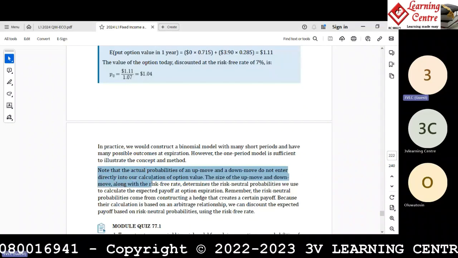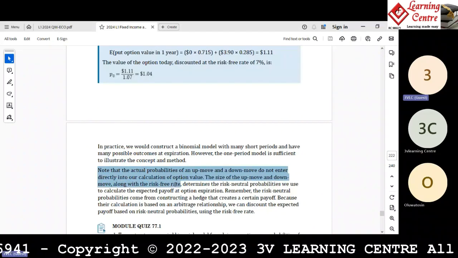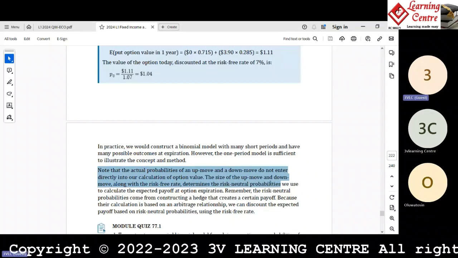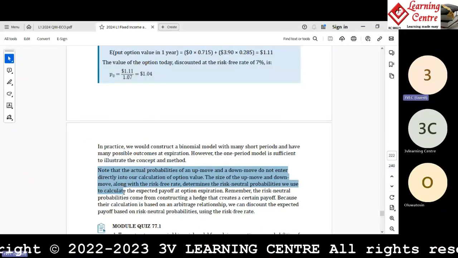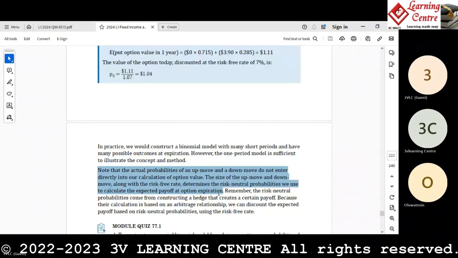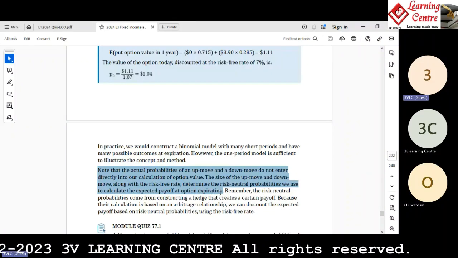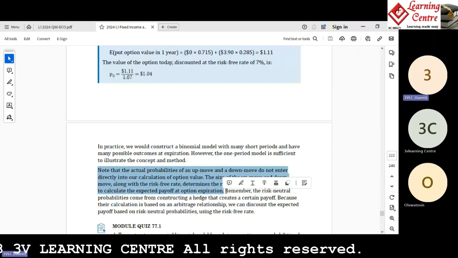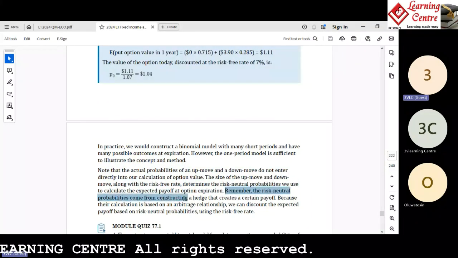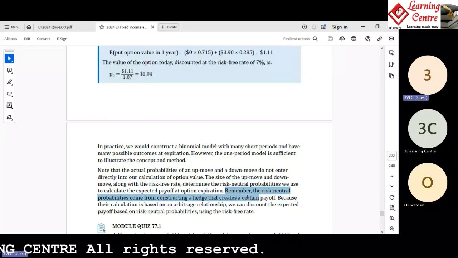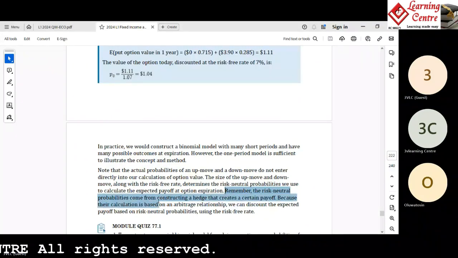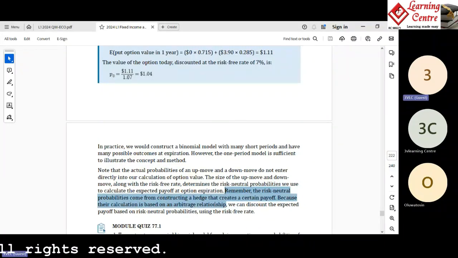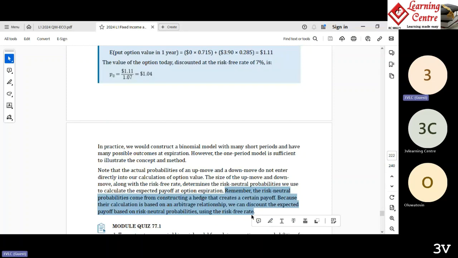The size of the up move and down move, along with the risk-free rate, determines the risk-neutral probabilities we use to calculate the expected payoff at option expiration. Remember, the risk-neutral probabilities come from constructing a hedge that creates a certain payoff because their calculation is based on arbitrage relationship. We can discount the expected payoff based on risk-neutral probabilities using the risk-free rate.